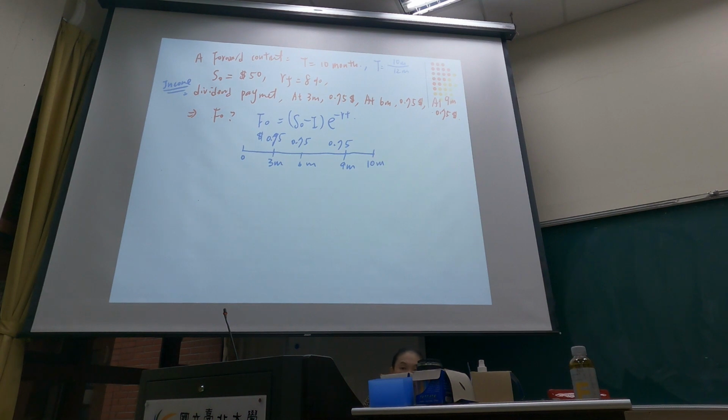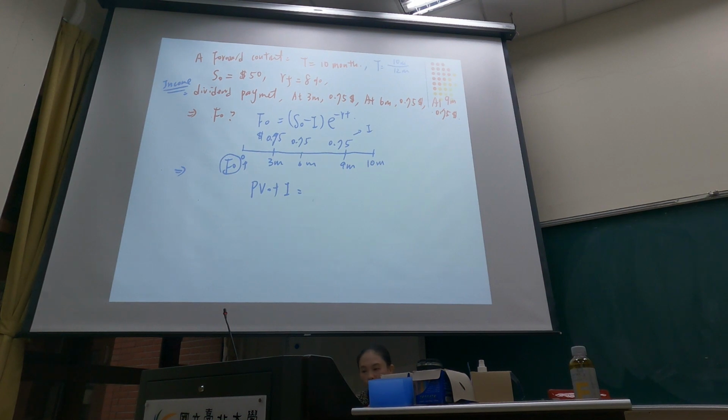Now, because we are computing F0 at time 0 today, you have to compute the present value of I first. These are the I. Do we know how to do that? Yes, because we have each period's dollar amount, we have a different T, and we have the risk-free rate R. So we are going to compute the I.